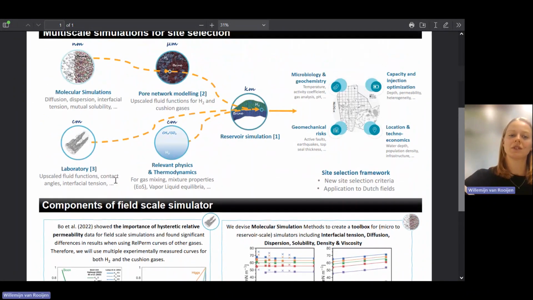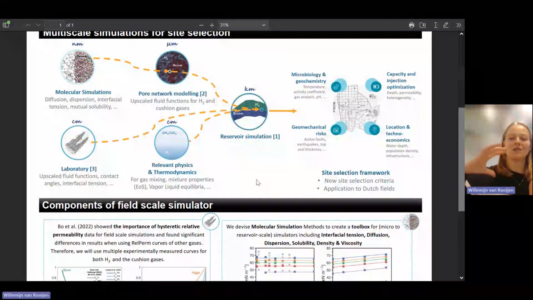And then the last part where I want to focus on is the relevant physics and thermodynamics. It sounds very logical. Of course, this is very important. But underground hydrogen storage can be quite challenging in the sense that we will most likely have a cushion gas present. We will have gas mixing. I was just talking about all these important input parameters that we gained for hydrogen.